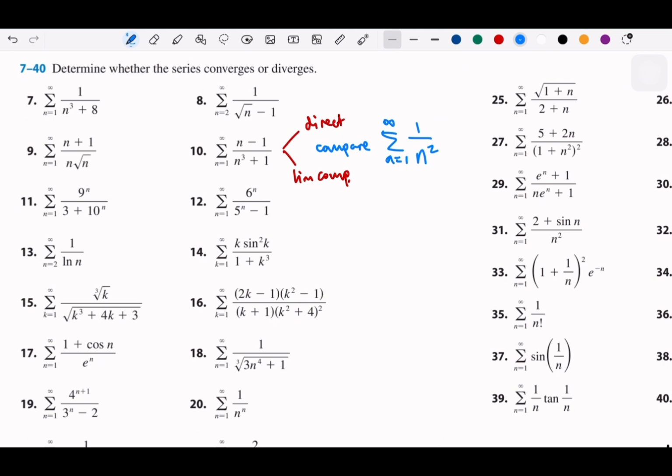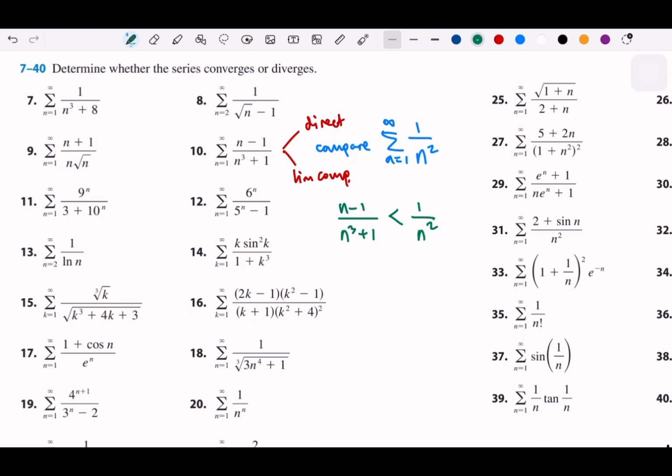For example, if we compare this with this, we know for sure this will always be less, since the denominator, the cube, is really large compared with the square. This other one is just linear, so it's not that fast as the cube.